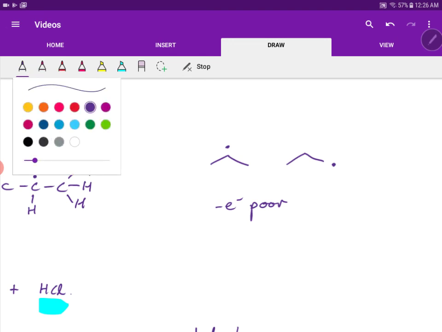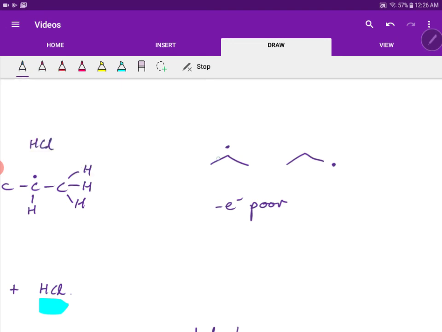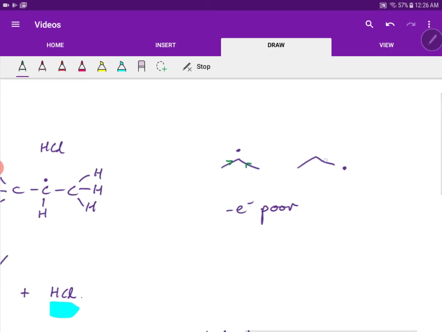As we know, the alkyl groups connected are electron donating. Look at the direction of the arrow: they are donating electrons to this electron poor region. We can see that this secondary radical has two electron donating groups, while the primary radical only has one electron donating group.